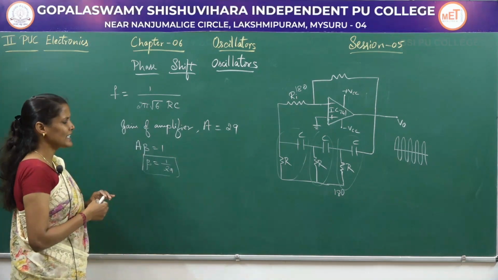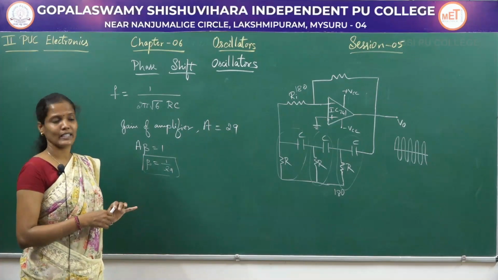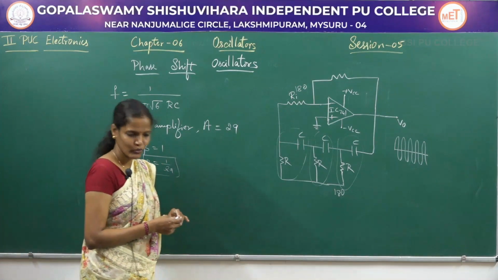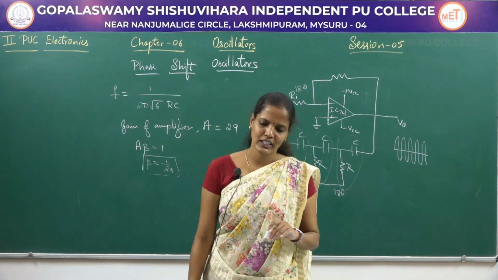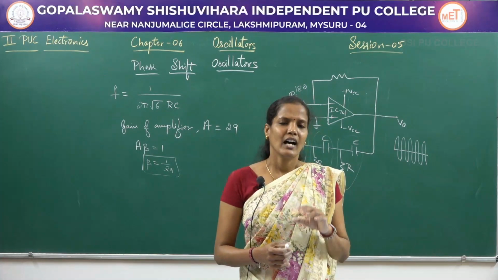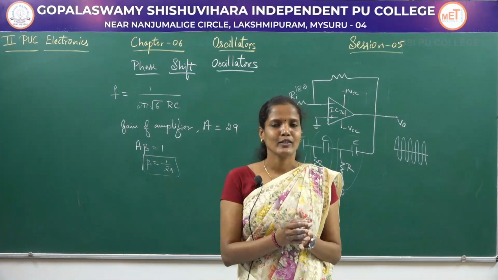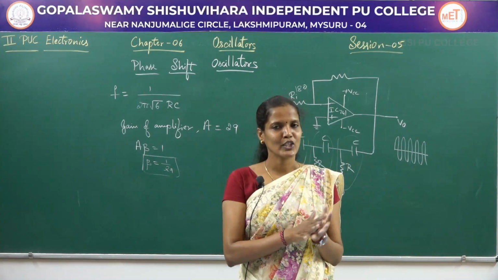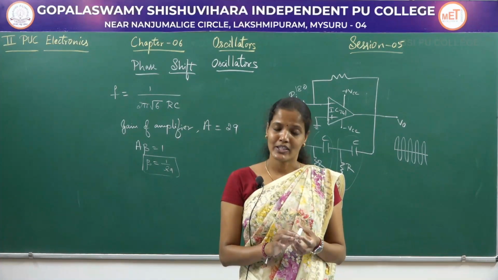The gain A is equal to 29, whereas the beta, the feedback gain, will be equal to 1 divided by 29 in this phase shift oscillator. So, in the phase shift oscillator, we are going to use 3 sets of RC networks where this feedback circuit will provide a phase shift of 180 degrees and the other 180 degrees of phase shift will be provided by the inverting op-amp.